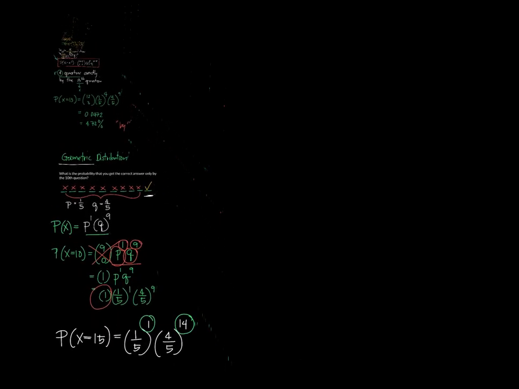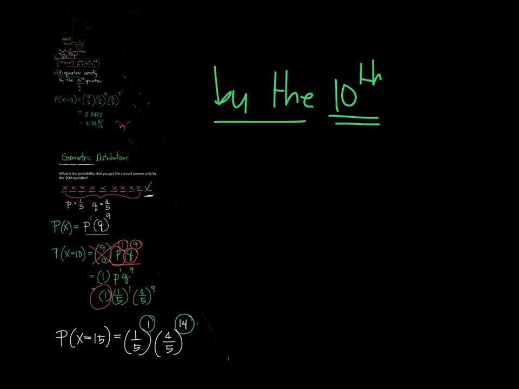I hope you were able to see how the solutions were similar to that of solving a binomial distribution problem. But make sure to watch out for those statements like by the 10th or whatever place is considered in the problem. But this is our key.